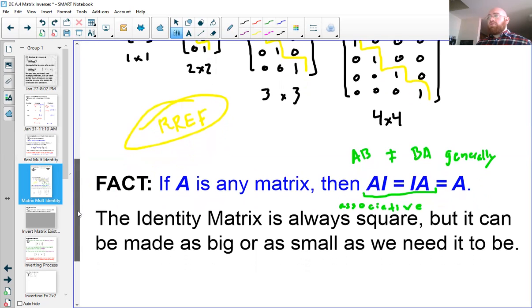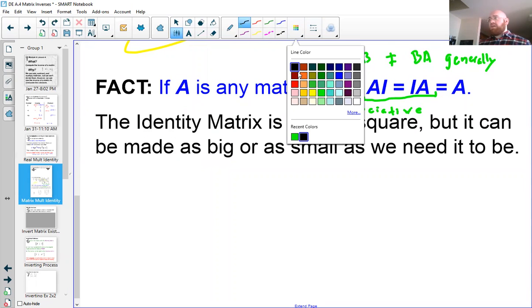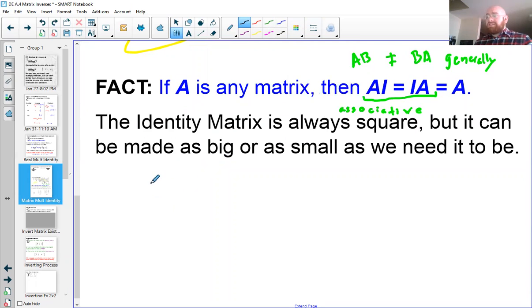You might be wondering, what happens if we have a non-square matrix? So let's say that I have 1, 2, 8, 3, -1, 5. This has 3 rows, so it's a 3 by 2 matrix. The identity matrix I'm going to use is going to be the 2 by 2 matrix.